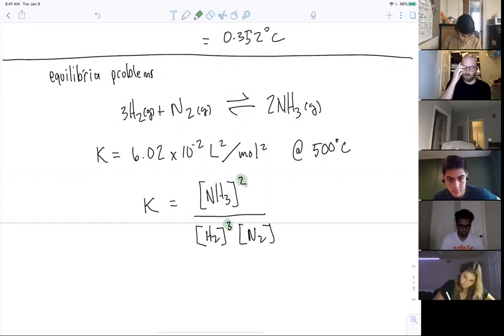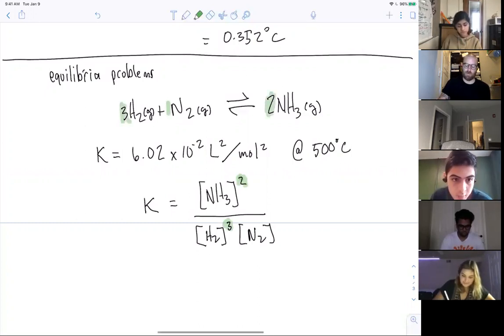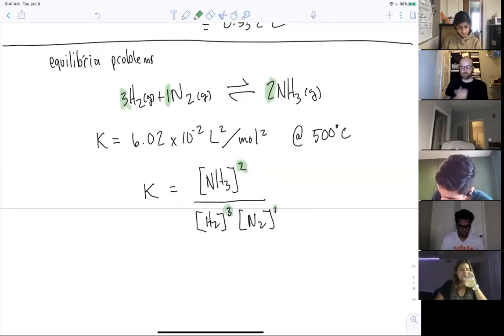This will be a source of confusion at some point or another. We raise them to these powers that are out front, the coefficients. So we have a 1 here that we're not drawing, just like we don't have to necessarily draw the 1 there, but I'll put it in just to be explicit. This relationship allows me to calculate what the final concentrations are going to be of ammonia, hydrogen gas, and nitrogen if I know the initial concentrations.